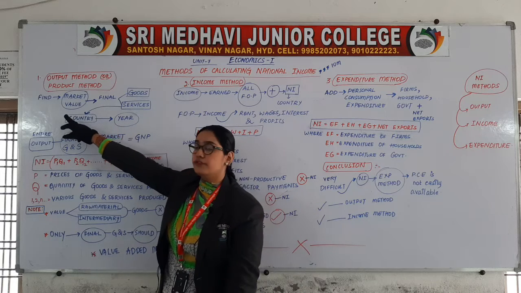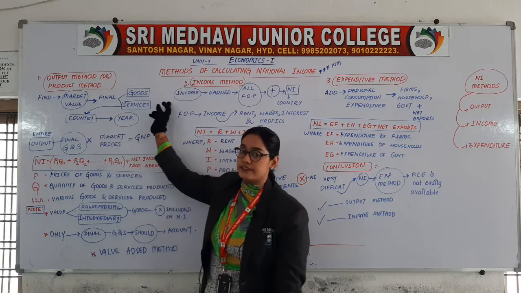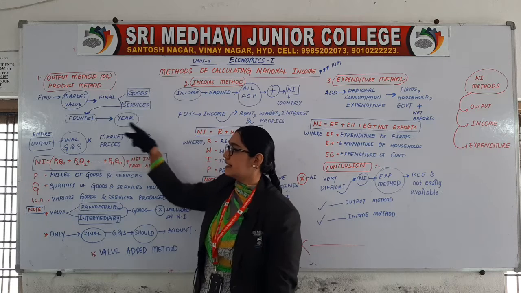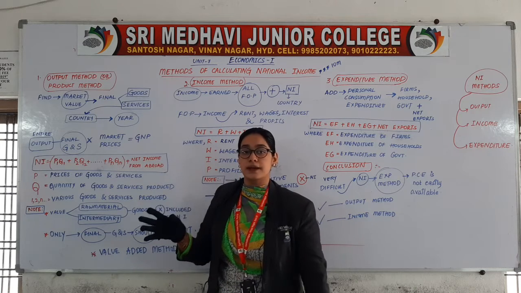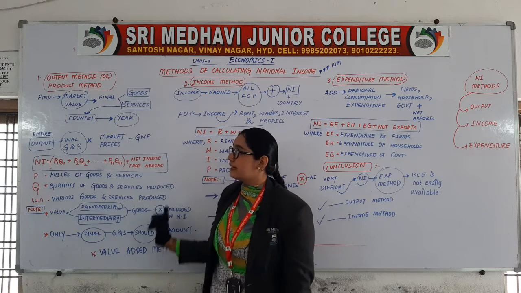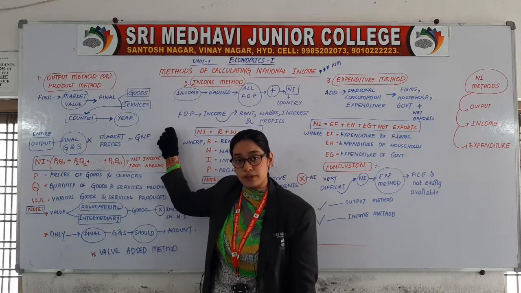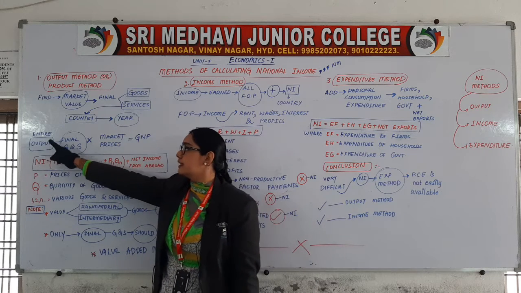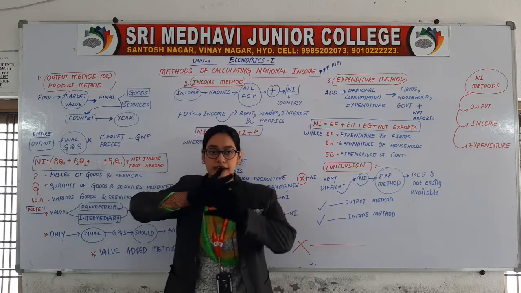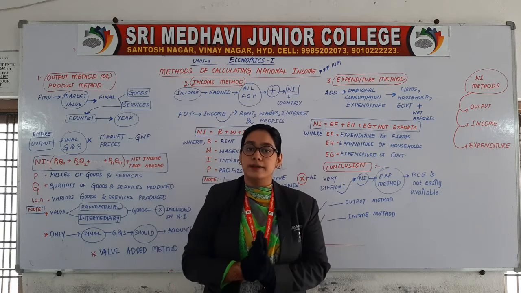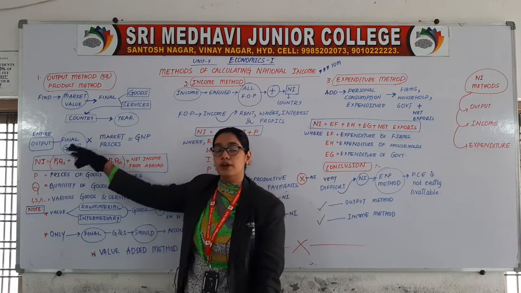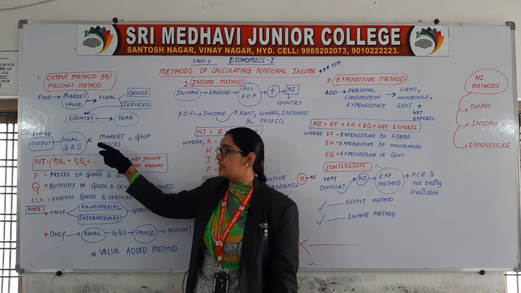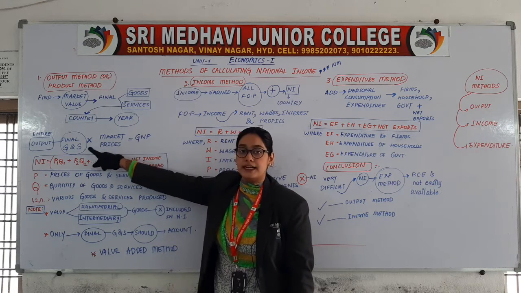The value of all final goods and services produced in a country in a year, this is national income. But how to calculate national income with output method? The entire output, entire means all the output. So the entire output of final goods and services is multiplied.